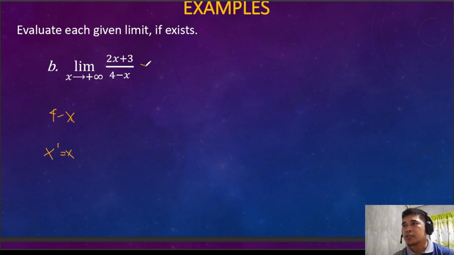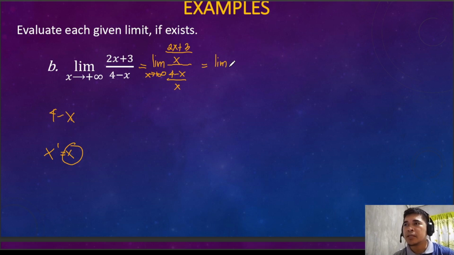Okay? So we have limit of 2x plus 3 over x, over 4 minus x over x, as x approaches positive infinity.